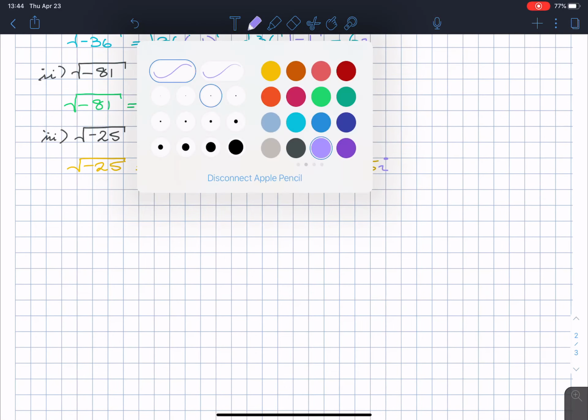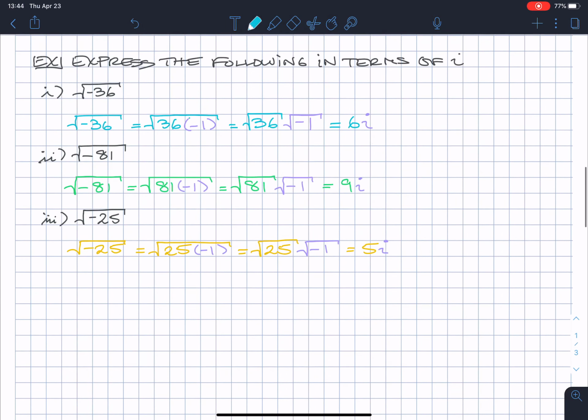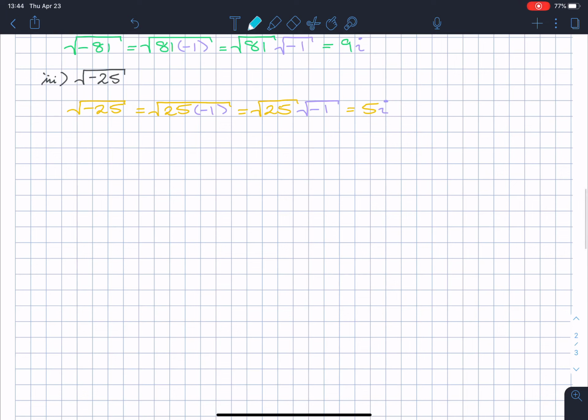Okay, so let me define what a complex number is, because that's what this section is. So definition.